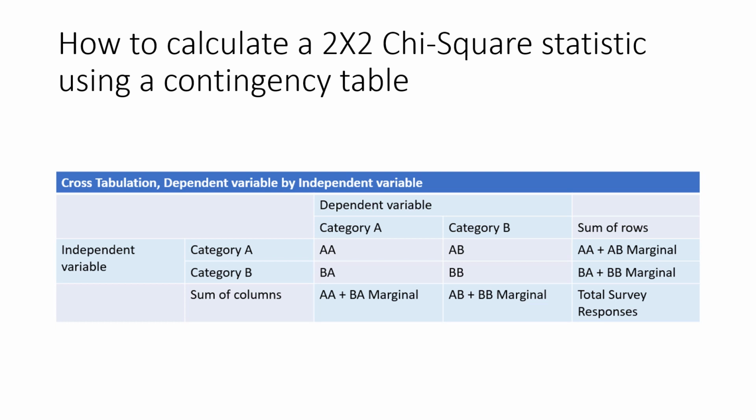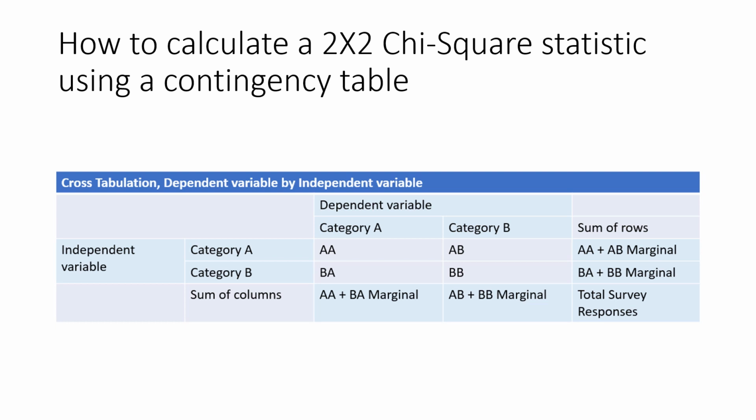So what you see in front of you is what we refer to as a cross tabulation or a contingency table. And this is just a purely hypothetical table. There's no actual data in here, but I present this to you just so you can get an understanding of how we conceptualize the chi-square test and the calculation of the chi-square statistic.